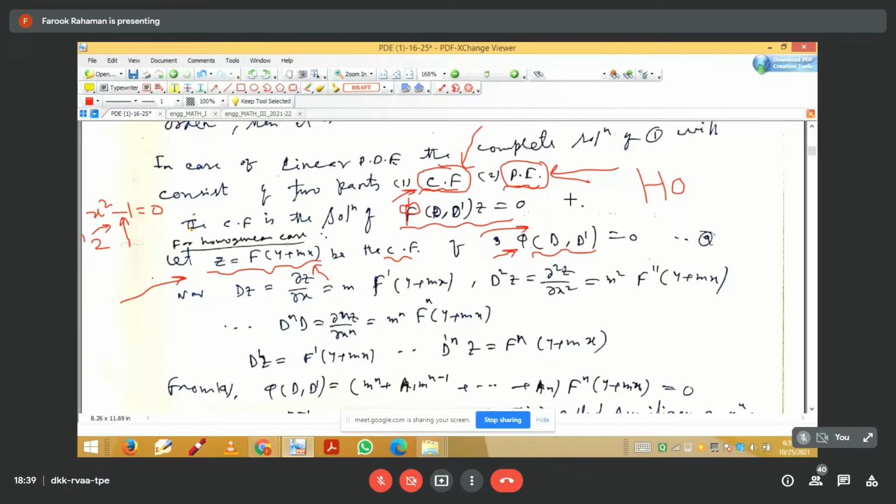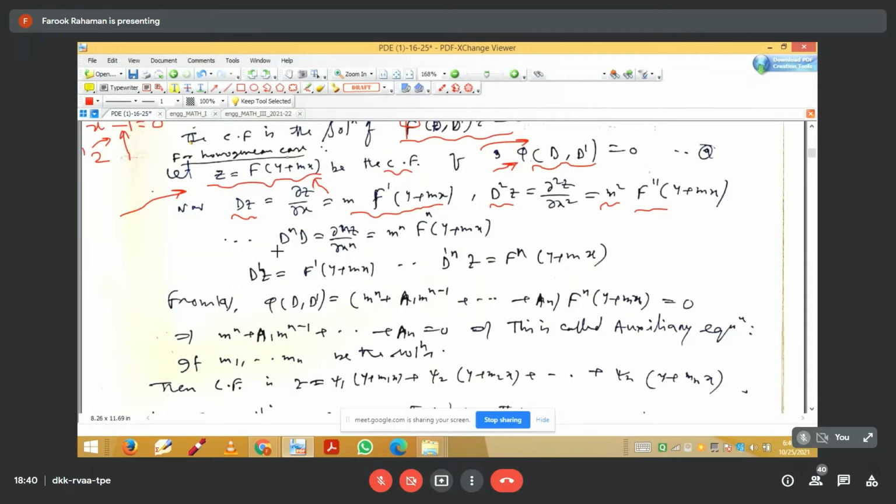Okay. Now, what is dz? Dz means differential with respect to x of z, and z is of the form function of y plus mx. So one can easily find dz/dx equal to m f dash. Similarly, d square z means differential with respect to x twice, so one can easily see that this is m square f double dash.